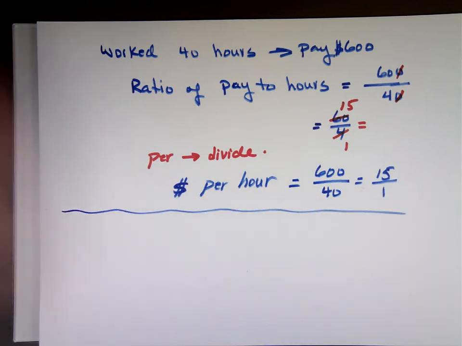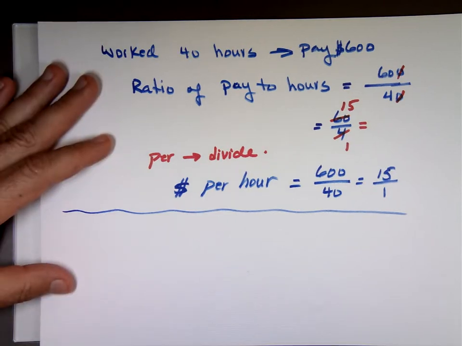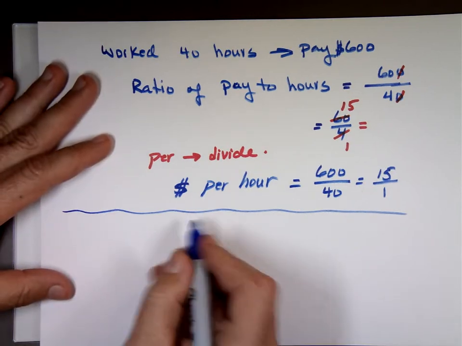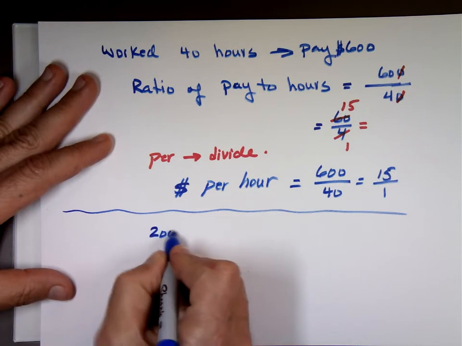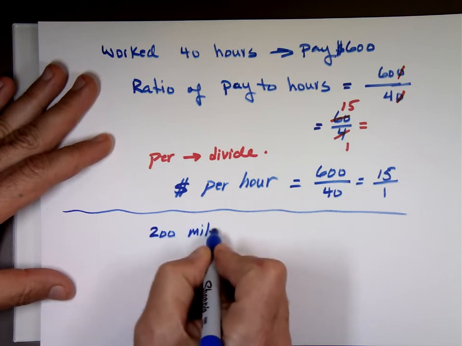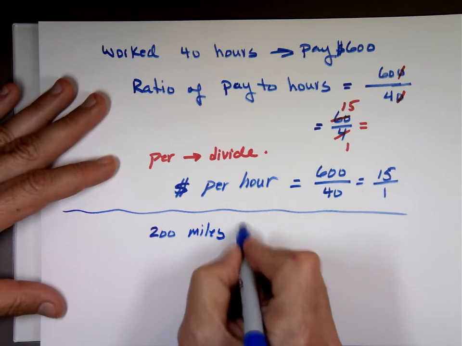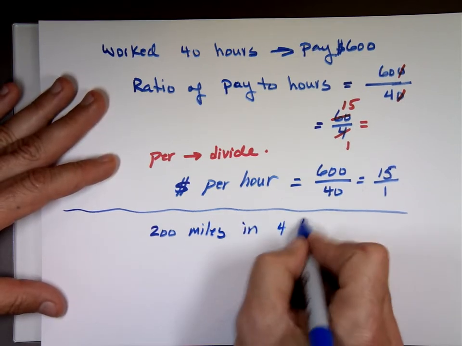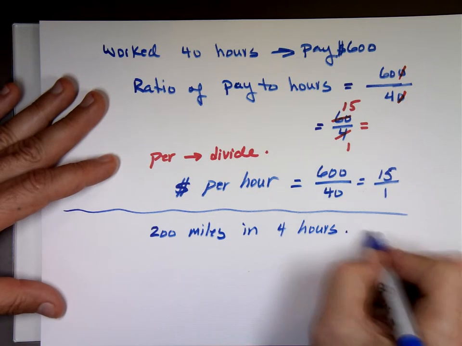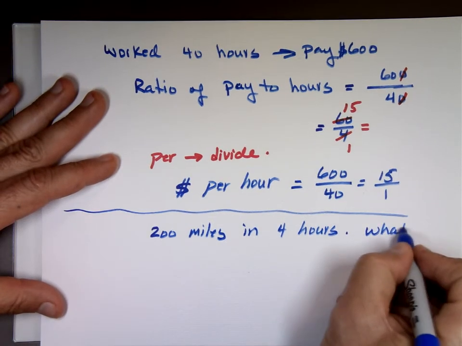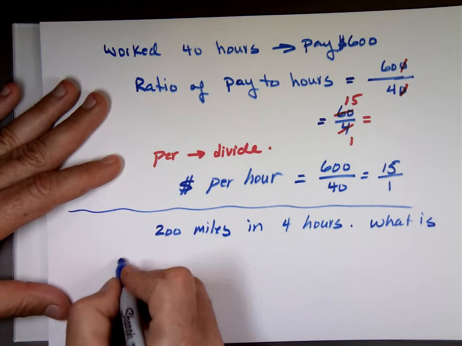So you can use that in terms of miles per hour. If you drove from Vermont to Springfield, and let's say you drove 200 miles in 4 hours. Here's the question. What is your miles per hour?